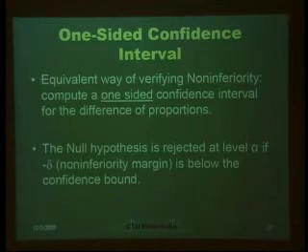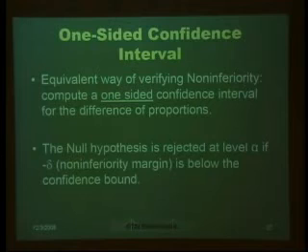So that's how we do the non-inferiority test. There is a close relation between non-inferiority test and confidence interval. An equivalent way of verifying non-inferiority is to compute what I am calling a one-sided confidence interval.